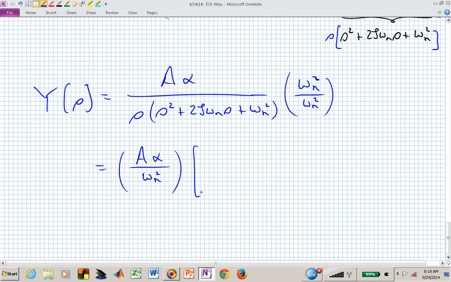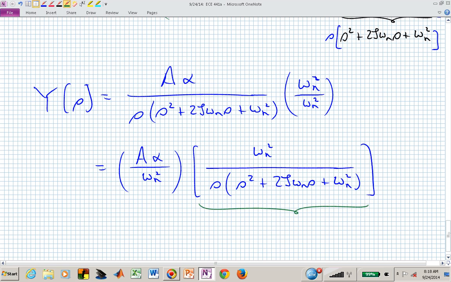What I'm more interested in is this expression, omega sub n squared over S times the quantity S squared plus 2 zeta omega sub n S plus omega sub n squared.